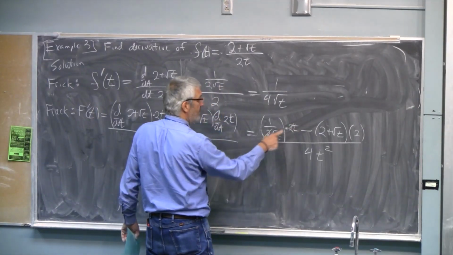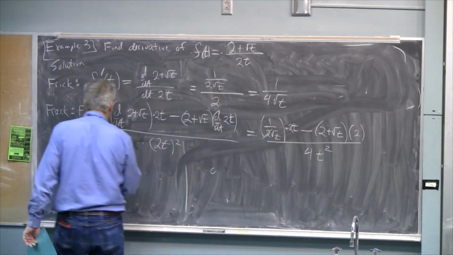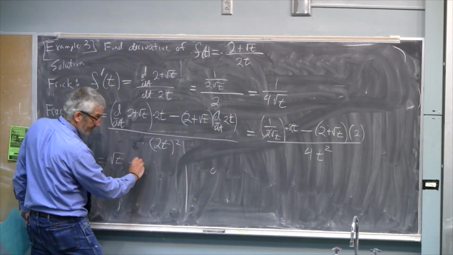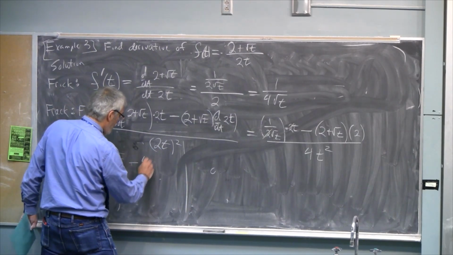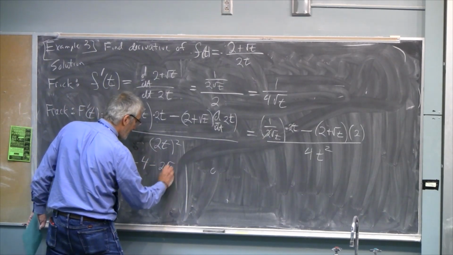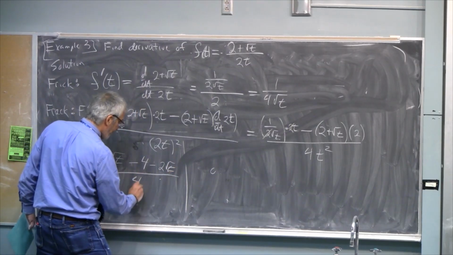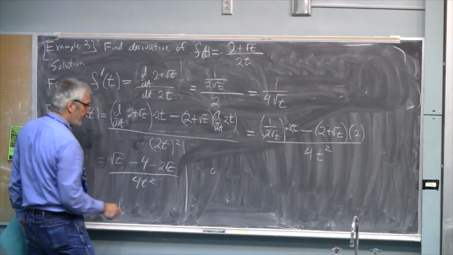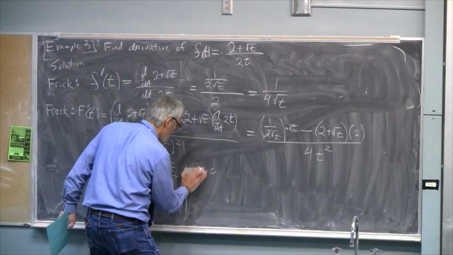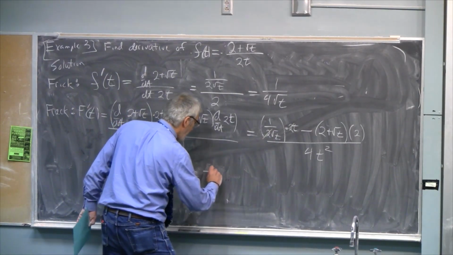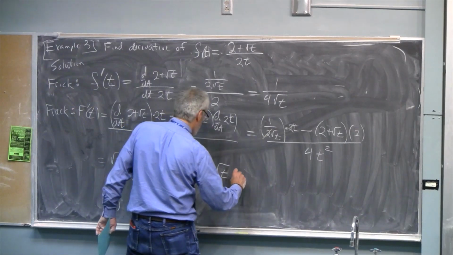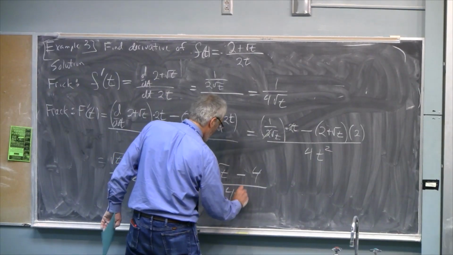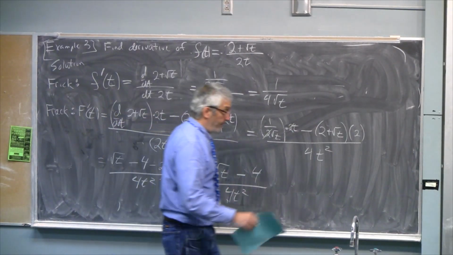That's t to the 1 divided by t to the 1 half, so I end up with square root of t in the upper left corner. And then I get minus 4, and then I get minus 2 square root of t, and that's all divided by 4t squared. You've got to keep simplifying. Square root of t minus 2 square roots of t gives me minus square root of t, minus 4, all over 4t squared. That's Frac.